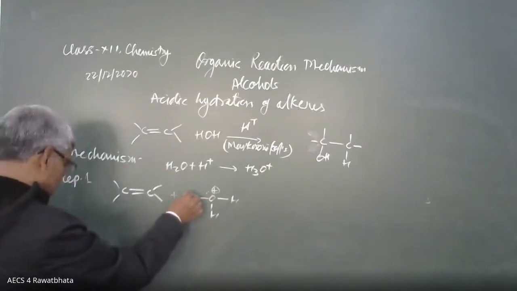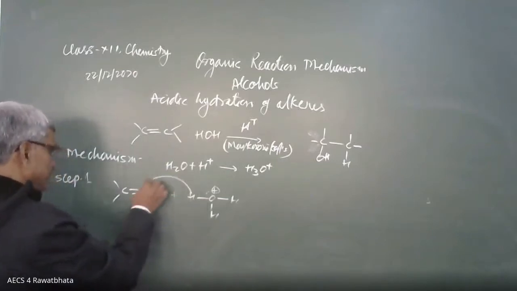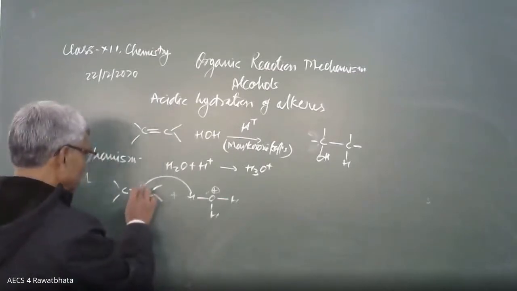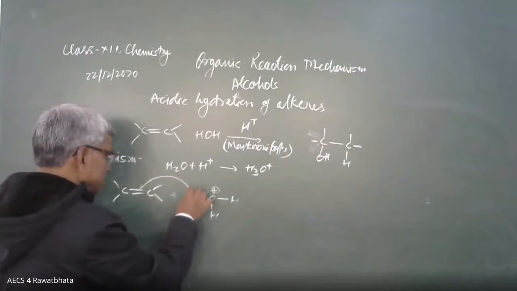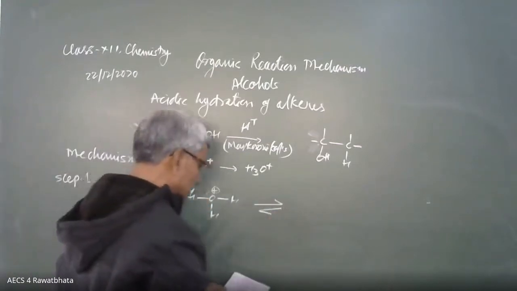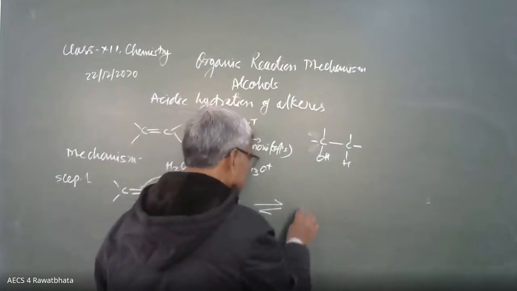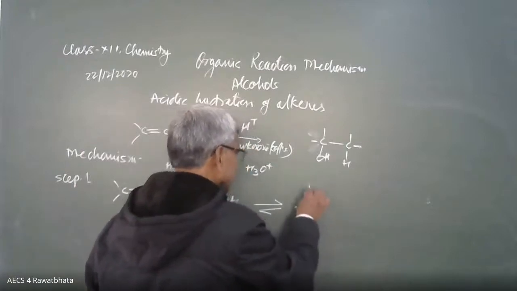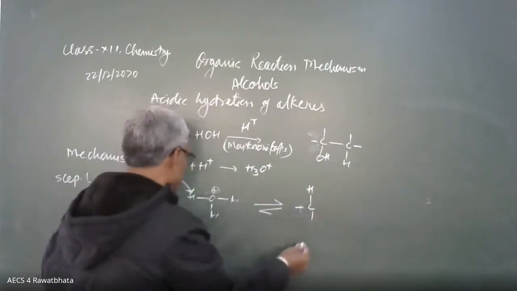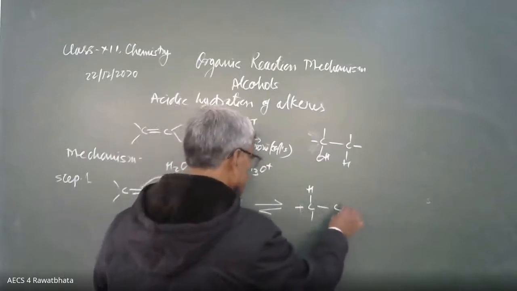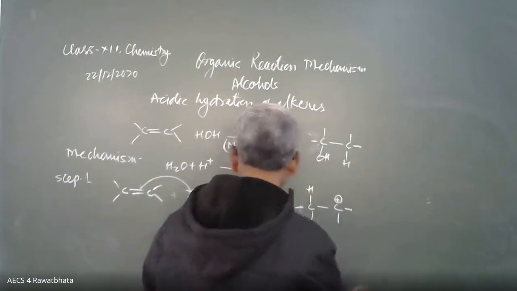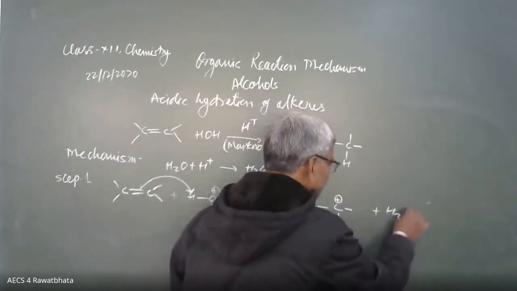And the reaction is like this. This H is transferred towards this, and the pi bond is transferred toward this side. Here this hydrogen is going to join and form this product. This H joined to this carbon, here it is H, here is bond free C, and positive charge develops over this carbon, plus H2O.